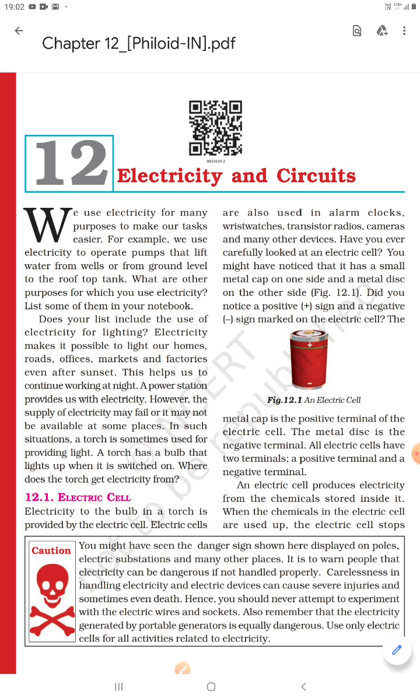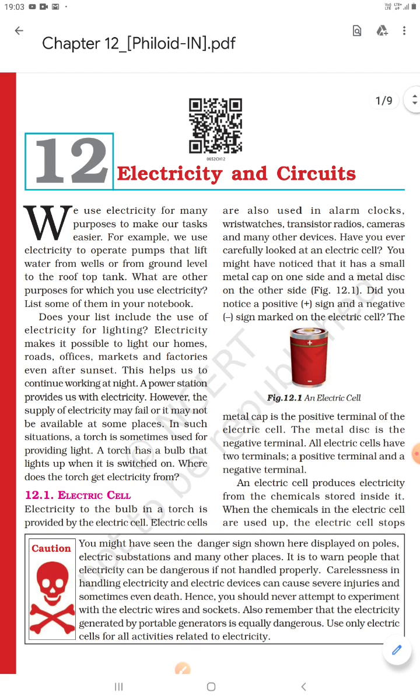What is the use of this electric cell? This electric cell produces electricity, and it produces this electricity from the chemicals stored inside it. If you ask me what will happen if these chemicals stored in it are used up, then remember, dear students, the electric cell stops working.